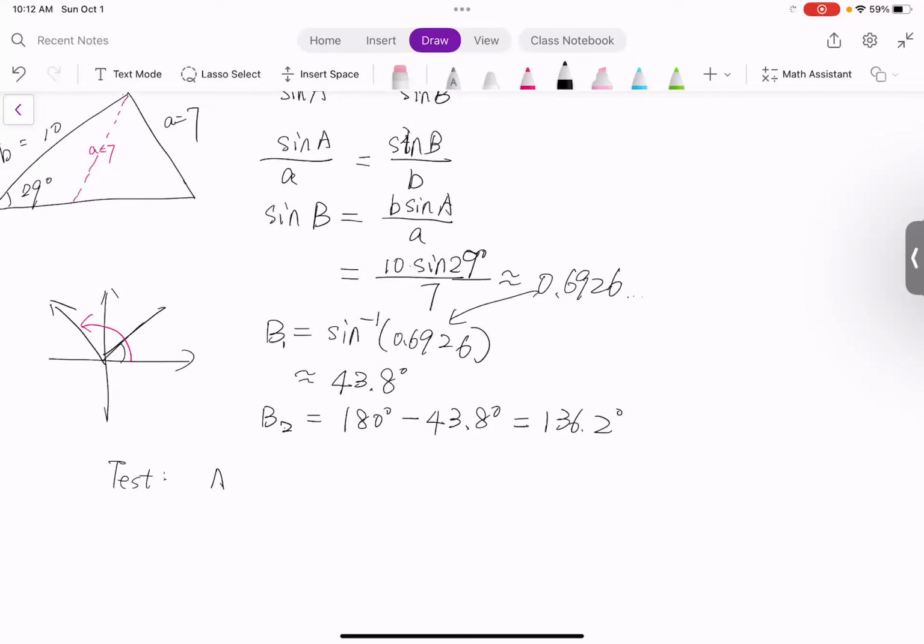Angle A plus B sub 2 is 29 degrees plus 136.2 degrees. By the computation, I'm having 165.2 degrees.